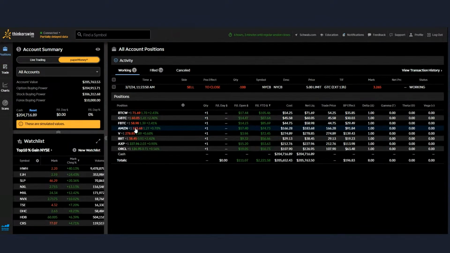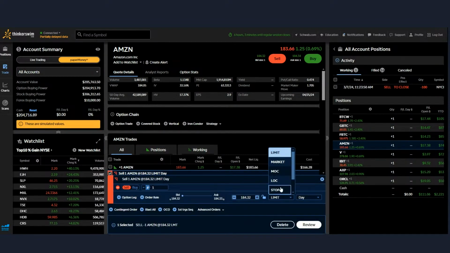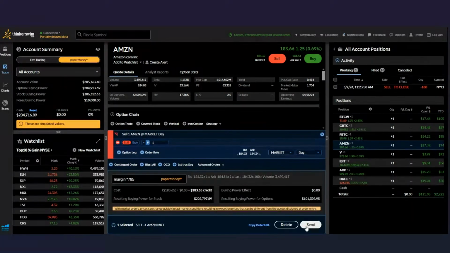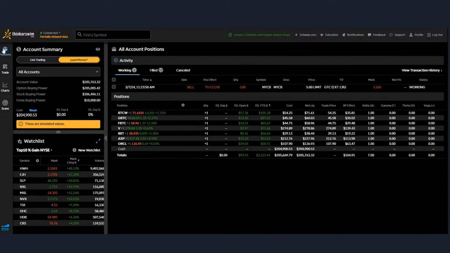For example, if I want to buy Amazon, I want to see what's happening with the stock. Are they going to have a split coming soon? Did they just do a split lately? Are they going to report earnings?